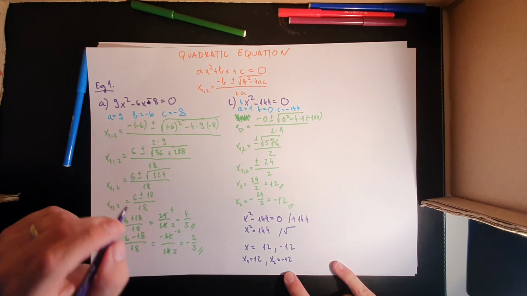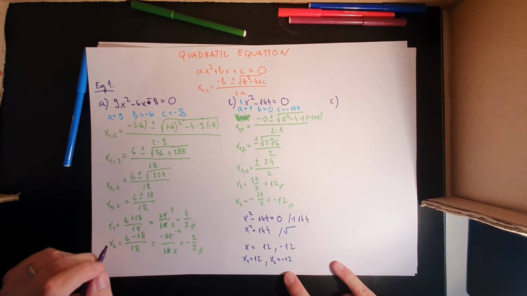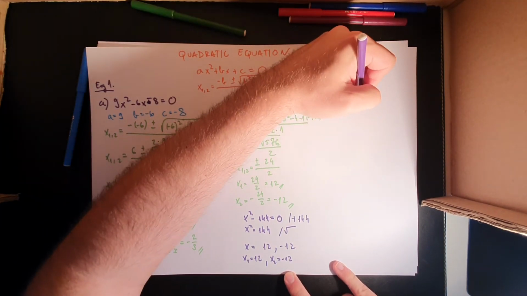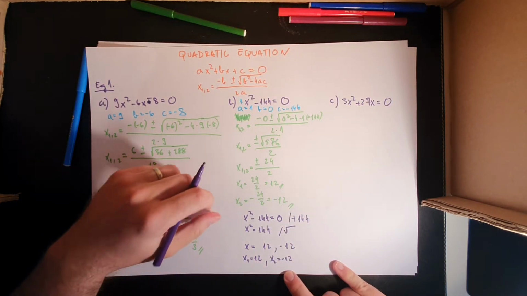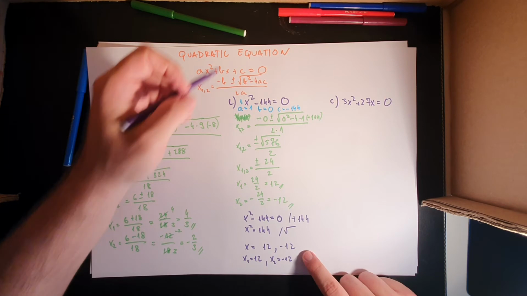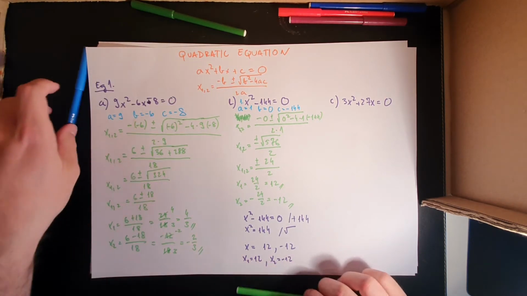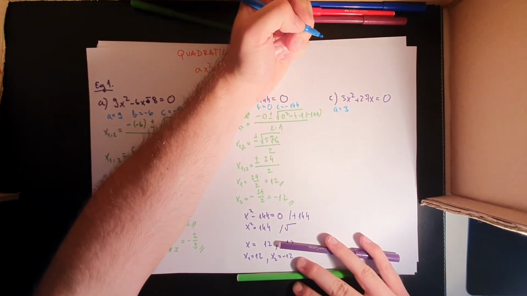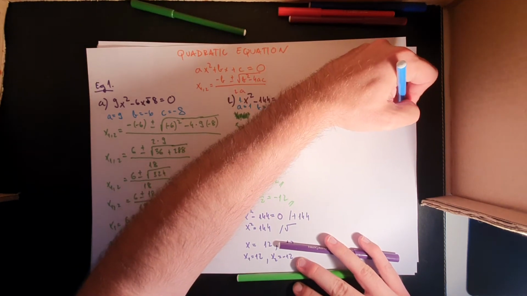Now I'm going to go with the third example, 3x squared plus 27x equals 0. What we're missing in this equation is the coefficient c. It doesn't mean it doesn't exist, it just means it is equal to 0. So a is in this case 3, b is 27, and c is equal to 0.